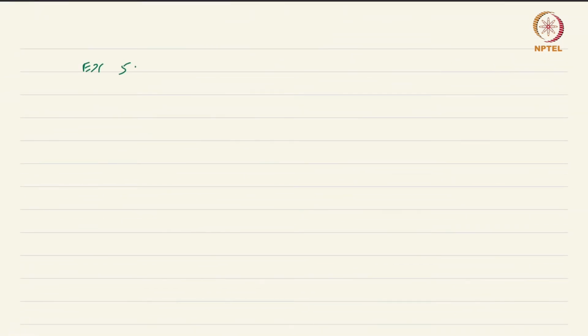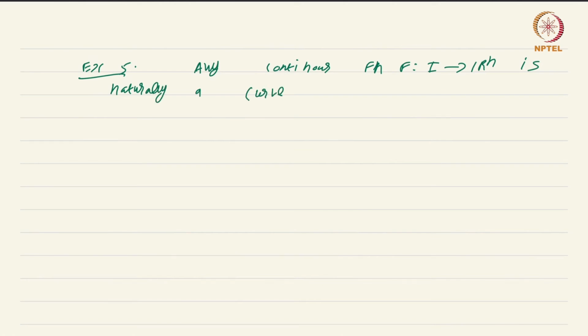Example 5: any continuous function f from the interval I to Rn is naturally a curve via its graph.